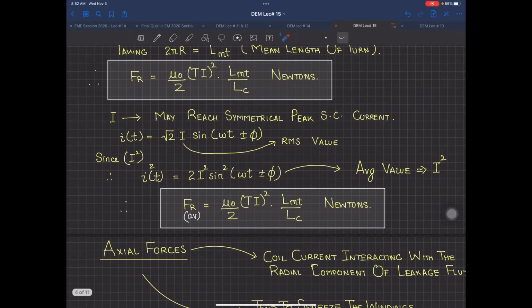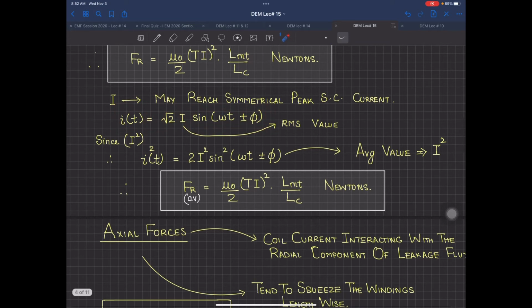And since this I is RMS, I can write in terms of time t, under root 2, that is multiplied by 1.414, it becomes the peak. So RMS multiplied by root 2: I sine omega t plus phi, making it a sine wave function. This is the RMS value I. So when I square it, see this very carefully, this 2 will now be 2I square into sine square omega t plus minus phi.